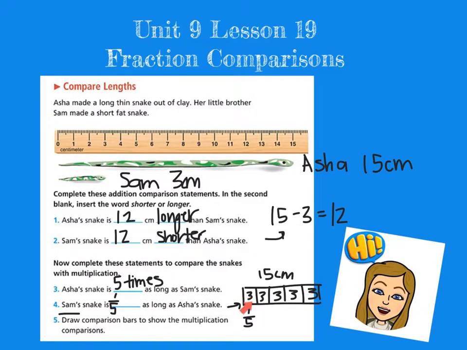So each of these pieces is 1/5. Now we know that Asha's snake is 5 times that much because you take 3 times the 5 parts, so 5 times as long. Whereas Sam's snake is only 1/5 as long as Asha's. So these are the comparison bars I used to show that Sam's snake is literally 1/5, or 1 part out of the 5 total of Asha's snake.